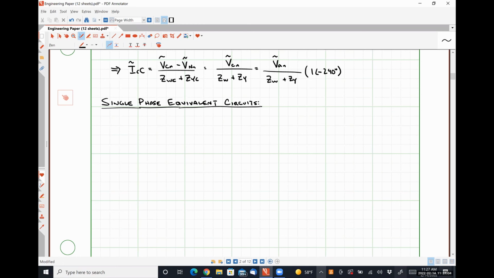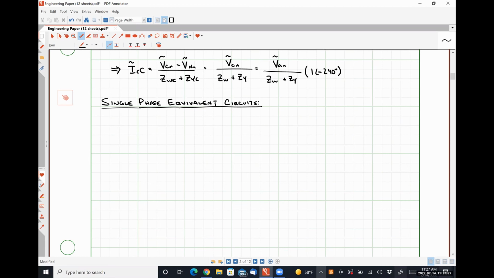No current will ever flow through it in a balanced system, okay? But no voltage drop occurs over it as well. So it is behaving as if it were a short circuit and an open circuit simultaneously, actually, okay? I know it's weird, but that allows us to create this much simplified model, okay?